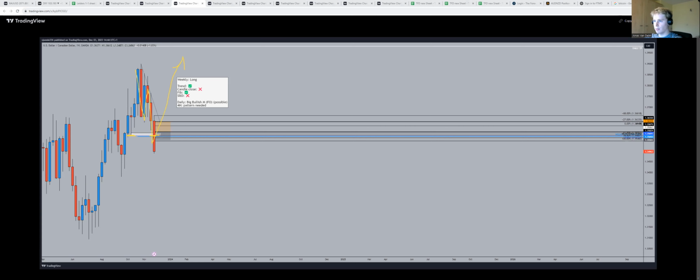But the DXY was really bearish, so we had to see what would happen. We had the trend with us, but the candle close was against us, this candle close. The fib level from this low till this high is between the fib levels.